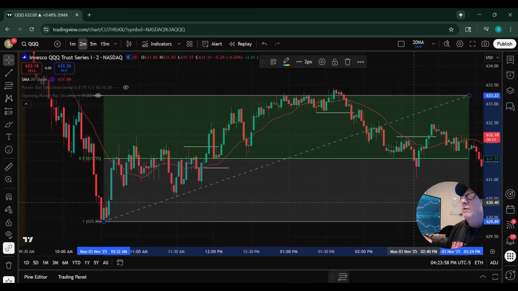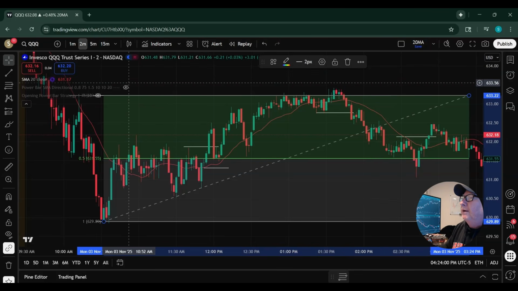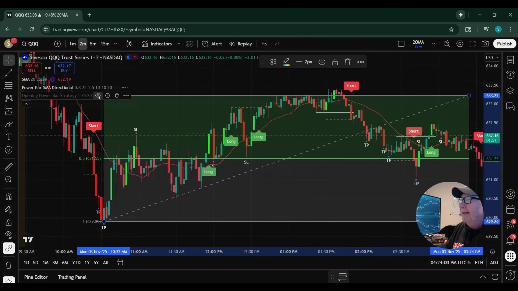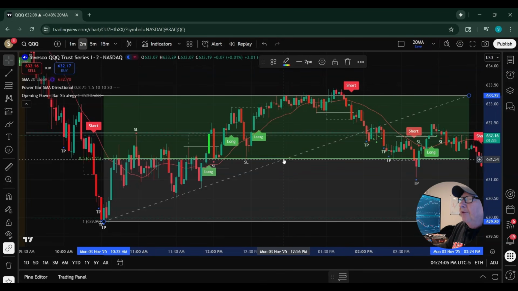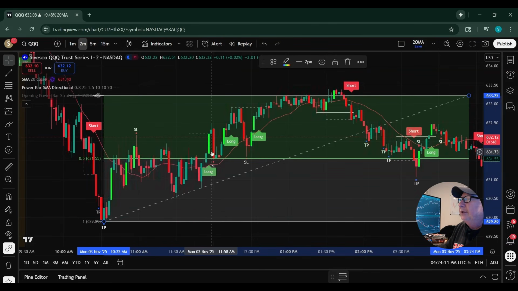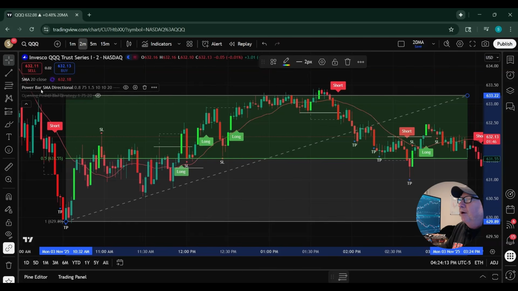Let me show you one other way to avoid chop, if you actually have the indicator. I'm going to take off the opening power bar strategy and just leave on the power bar. I had a question: how do I adjust the power bar SMA directional to avoid chop?